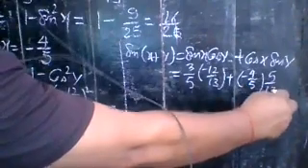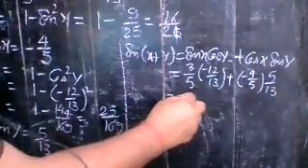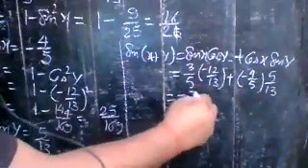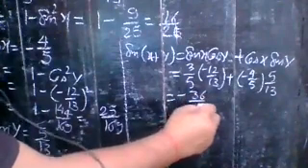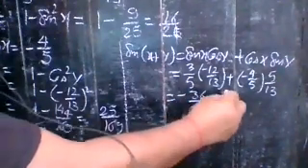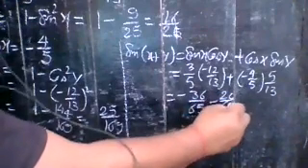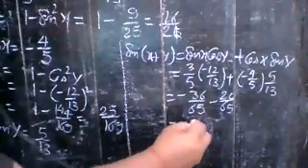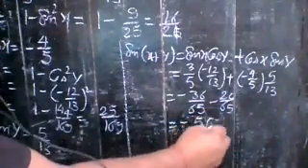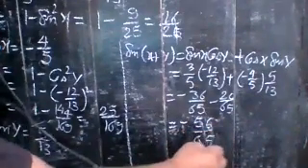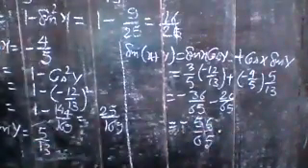Simplifying it, you have minus 36 upon 65, and here you have minus 20 upon 65. So minus 56 upon 65 is the value of sine x plus y.